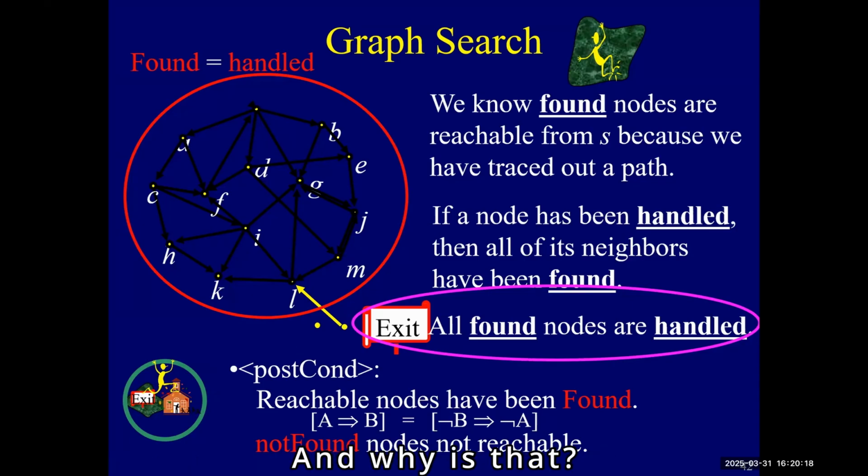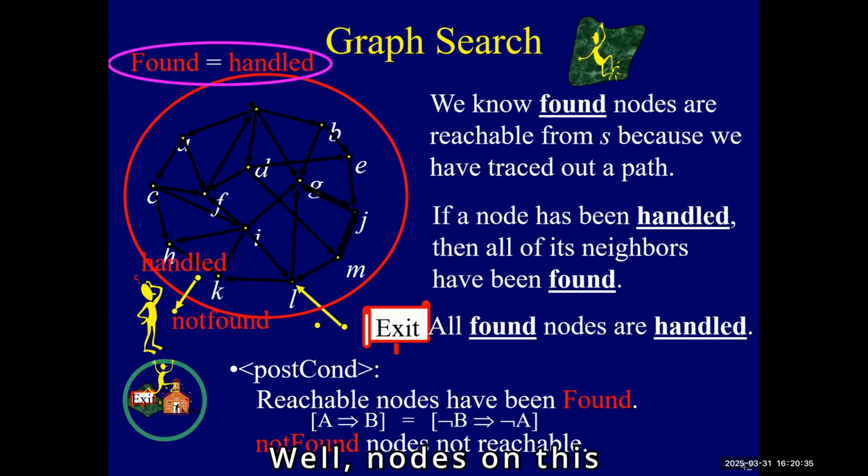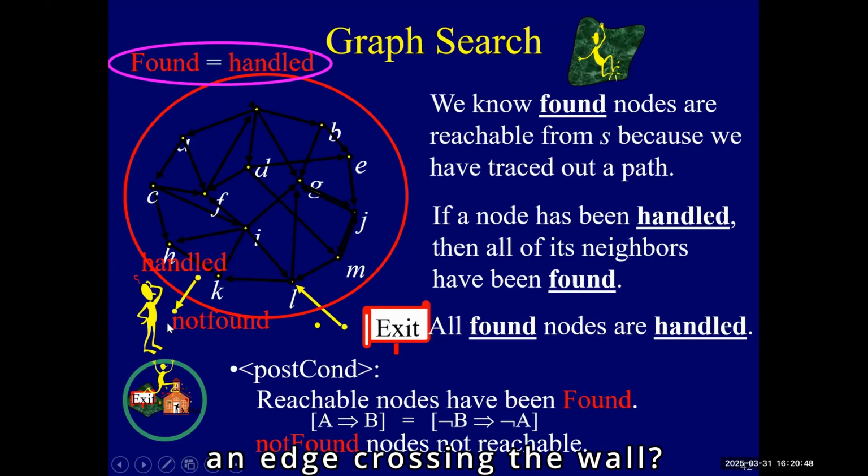And why is that? It's because there's no way to cross the wall. It's a big wall, right? People see why there's no way across? Well, what do we know about a node on this side of the wall? Nodes on this side are handled, right? What's the definition of a node on that side? It's not found, right? So can you have an edge crossing the wall?